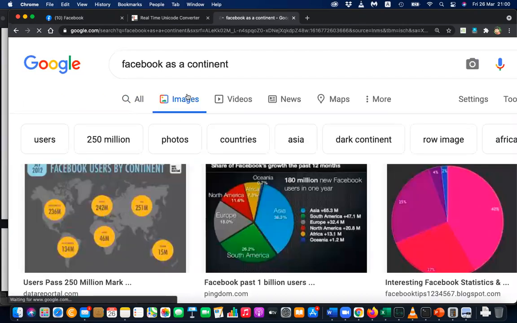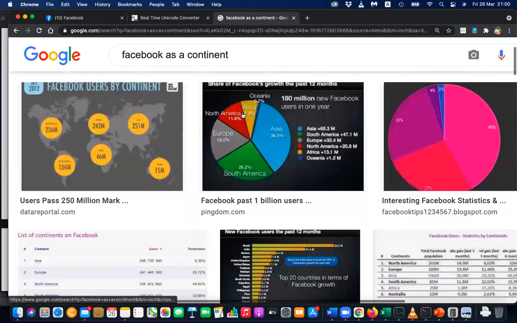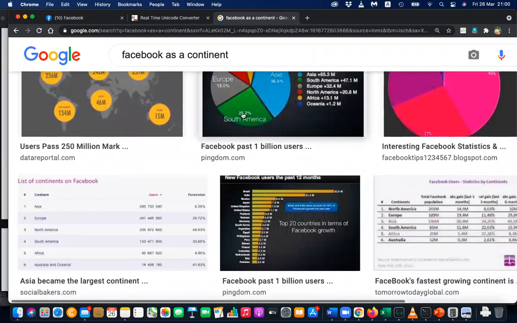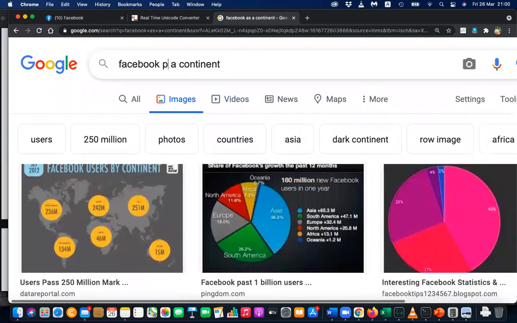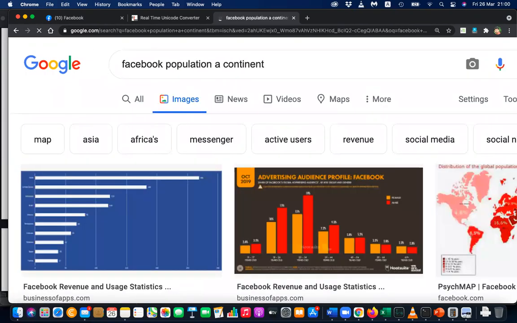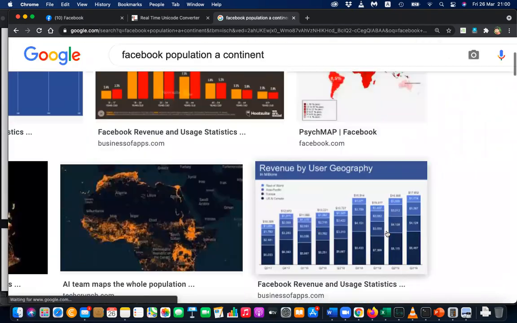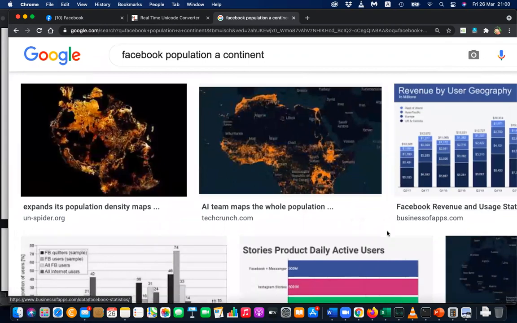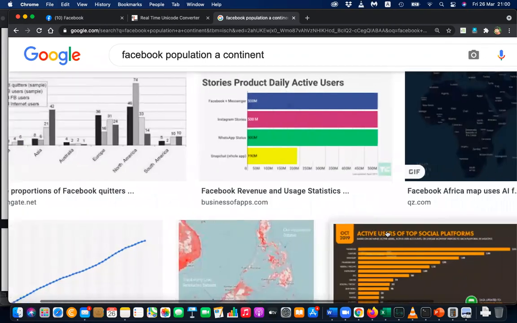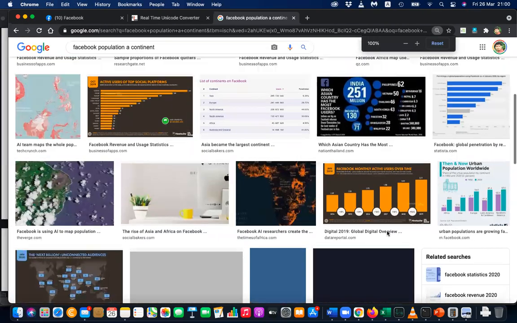Let's say Facebook population as a continent. Still I'm not getting the exact result that I want.